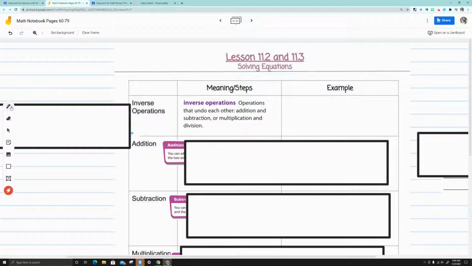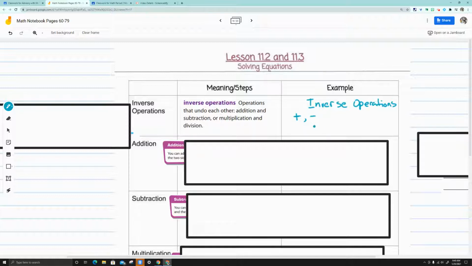So I'm going to write over here on the side for our example, inverse operations. And I'm going to put our first two, which is plus and minus.